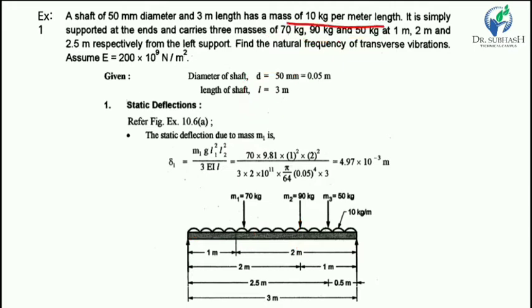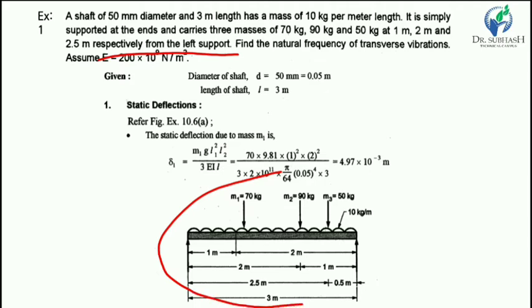It is the self weight of the shaft, and it is simply supported at the ends and carries the three masses 70, 90 and 50 kg at 1 meter, 2 meters and 2.5 meters distance from the left support.